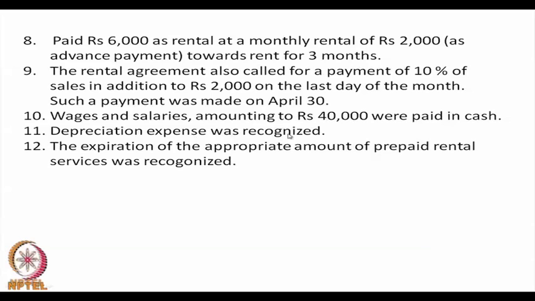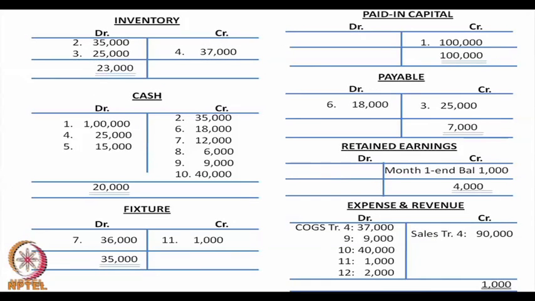Depreciation expense was recognized. Recall that the asset was purchased at a price of 36,000 rupees, and it was estimated that it will have a useful life of 36 months, and assuming a straight line depreciation, per month depreciation comes to 1,000 rupees. So, we show depreciation as an expense. So, that is here in the expense account 1,000, and by that amount it is not a cash payment.